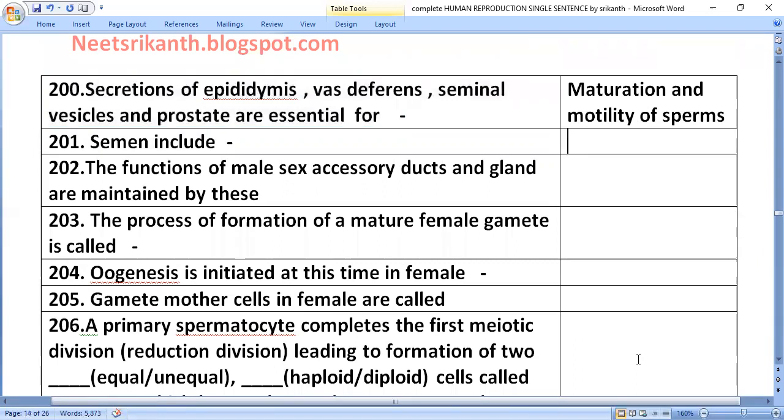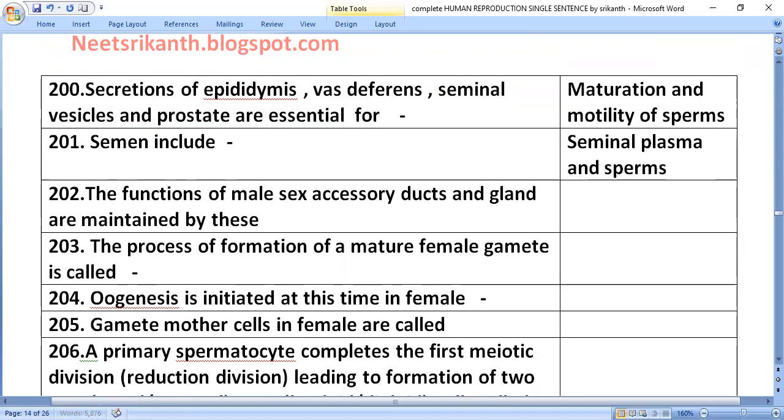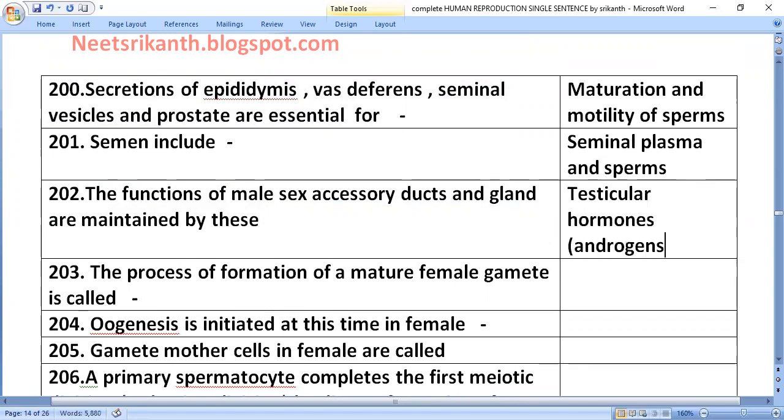Semen includes seminal plasma and sperms. Functions of male sex accessory ducts and glands are maintained by testicular hormones, also called androgens.